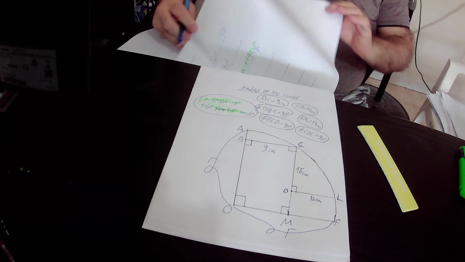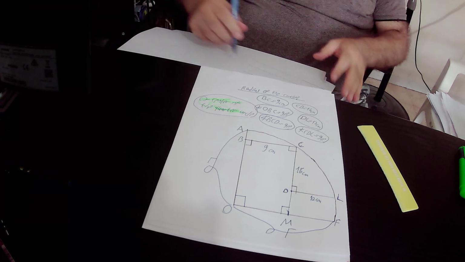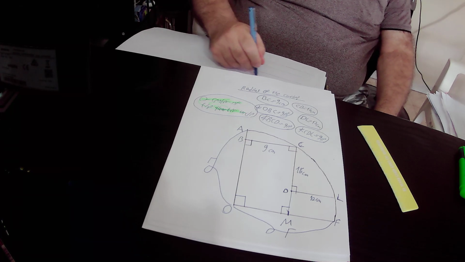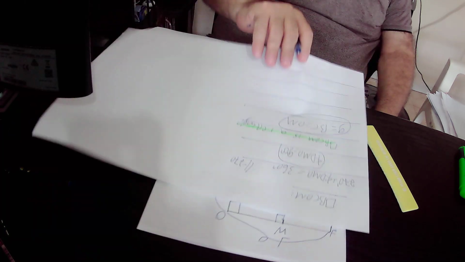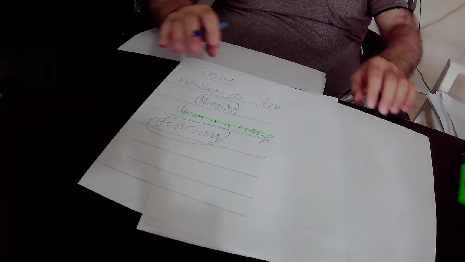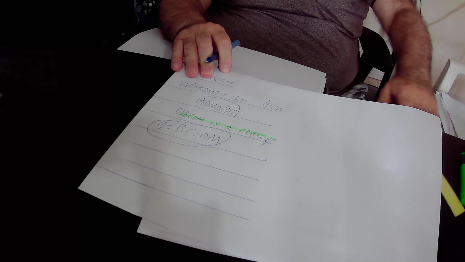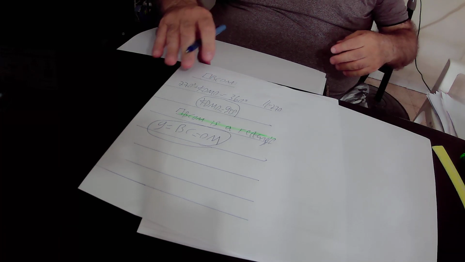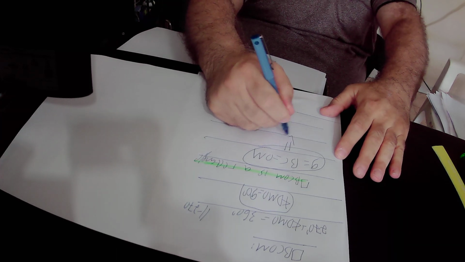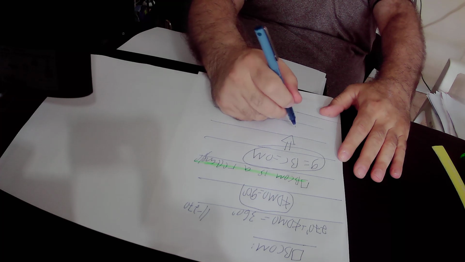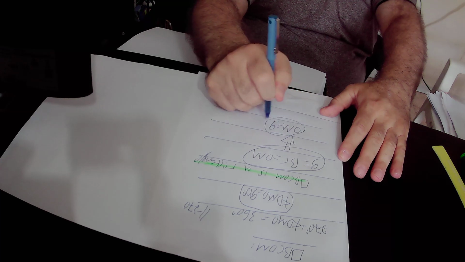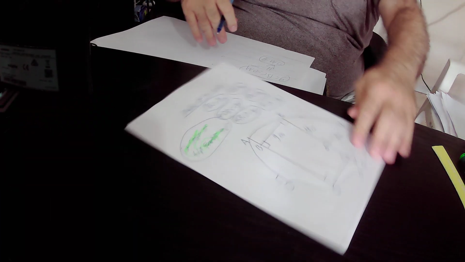So from BC equals OM, we derive that OM is also equal to 9 units.